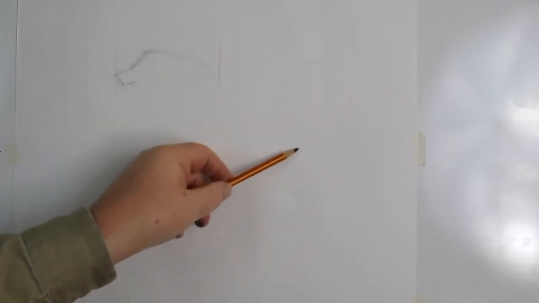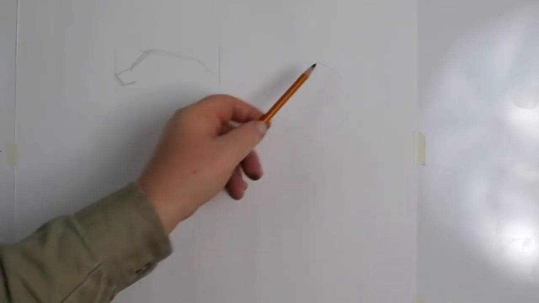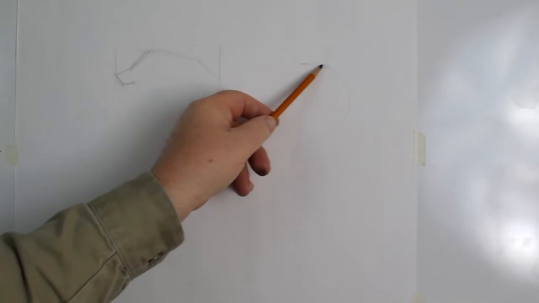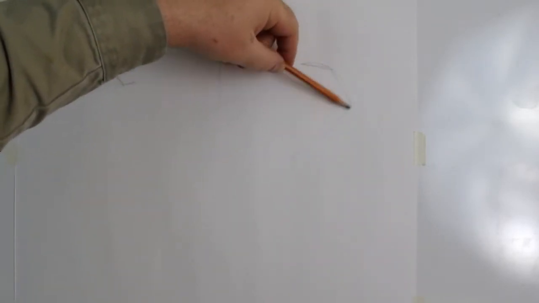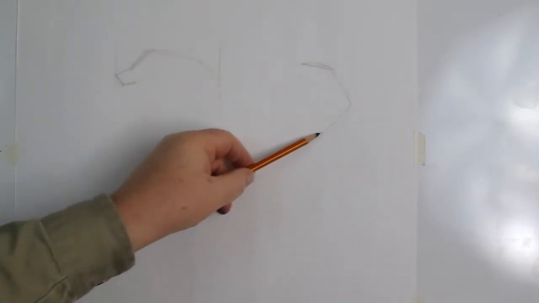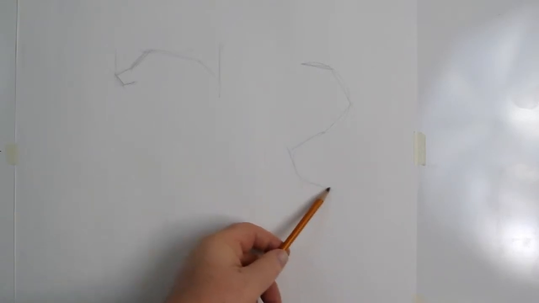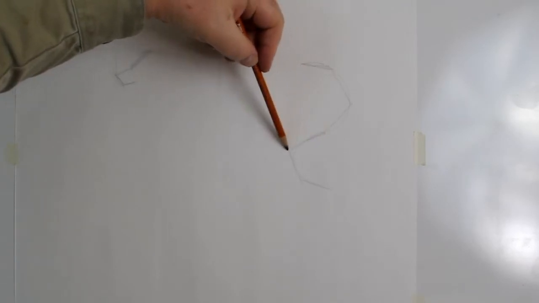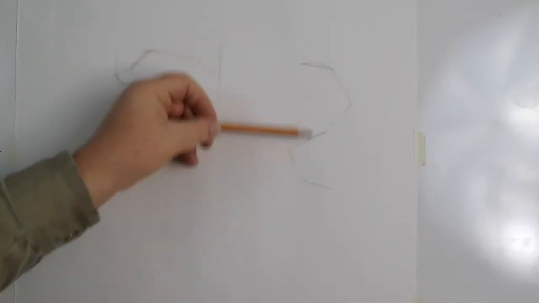If I'm trying to do a curve like that, it's much harder to match that curve than if I broke the curve down into some straight lines, like so, like so, like so, and like so. This is going to be much easier to reproduce because we can measure these straight points, and we can then curve them off. So it gives us a lot more information.